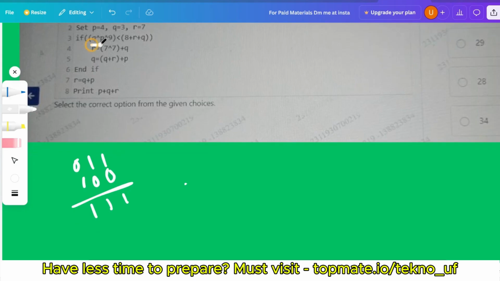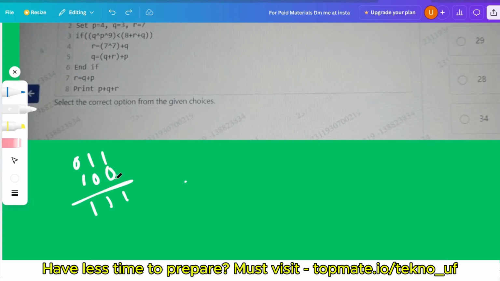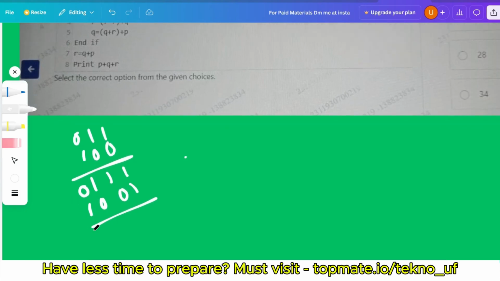So this is done as of now. Then 9. What is 9 equivalent to? It is 1 0 0 1. 8 means 1000, just remember this way: 8 means 1000, 10 means 1010, 12 means 1100. So this way you can remember. So this is equivalent to 9.